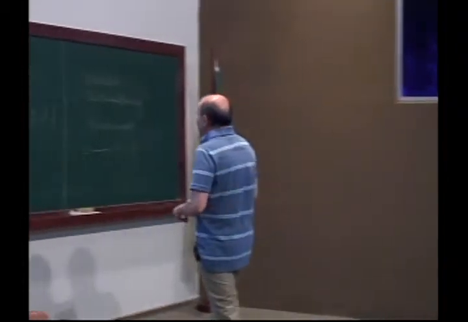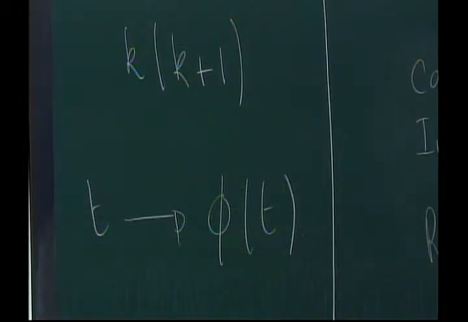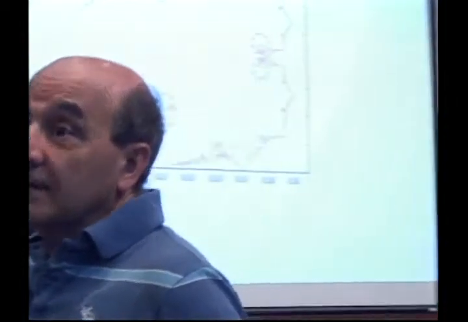Well, you want to classify the points t according to the Holder exponent. So you look at the points according to their regularity. You look at the Holder regularity. And now you classify the points by the exponent of the Holder regularity.